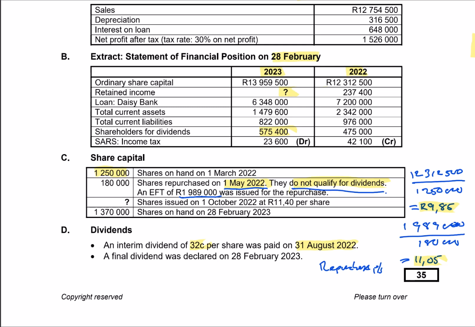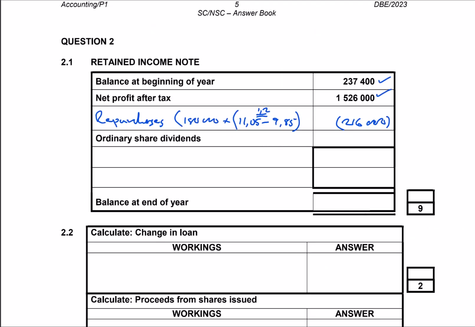So to calculate the interim dividend, that's 1,250,000 minus 180,000, multiplied by 0.32.